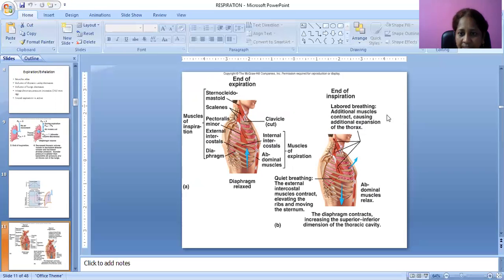End of inspiration, labored breathing, additional muscles contract, causing additional expansion of the thorax. Abdominal muscles relax, the diaphragm contracts, increasing the superior-inferior dimension of the thoracic cavity.